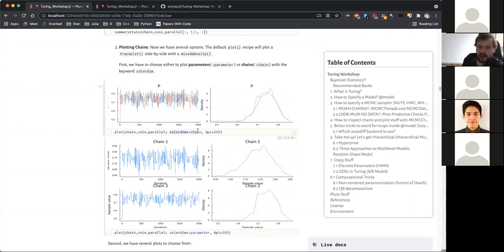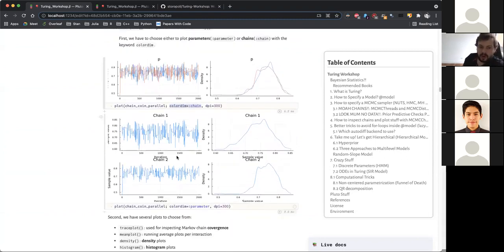If you put color dimension equal chains, every chain will have a color, or you can have color dimension be a parameter. Since here I have just one parameter but 2 chains, it stacked horizontally 2 chains with only 1 parameter. But if I had more parameters, they would be like a mixed density for them here, and it's a good visualization for you to use.